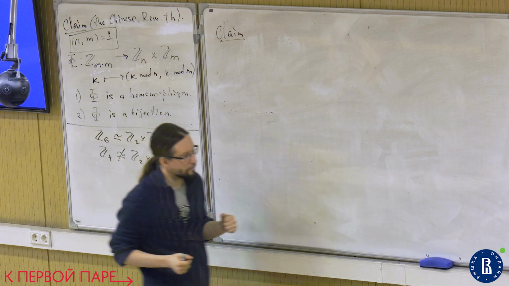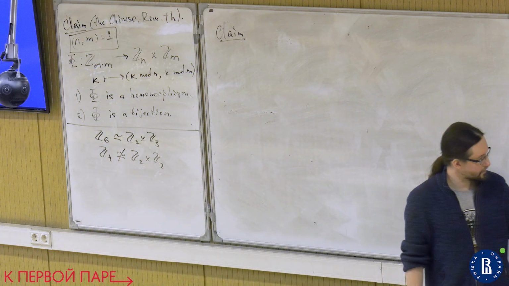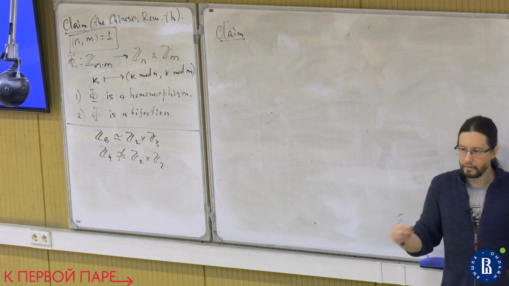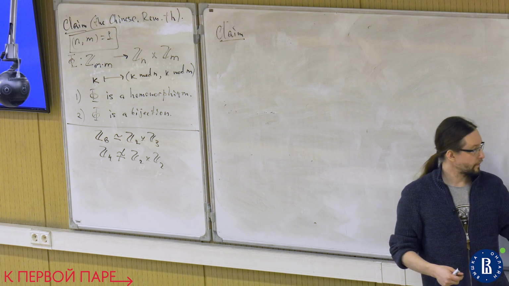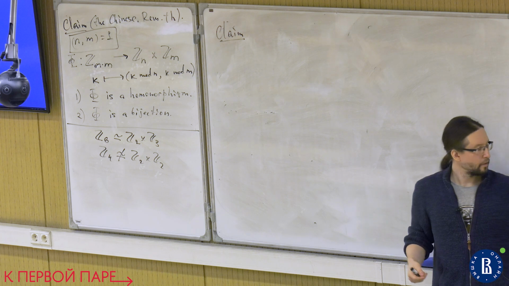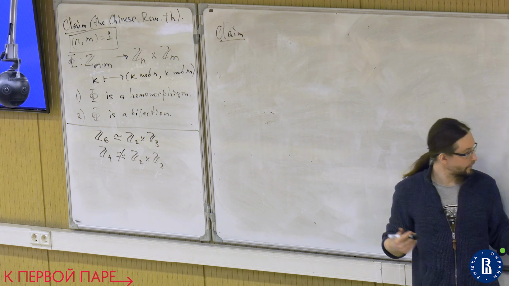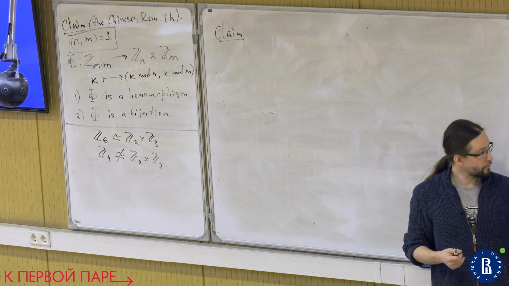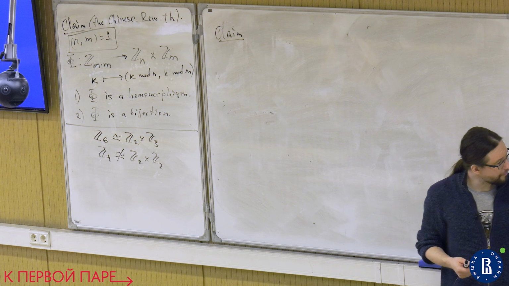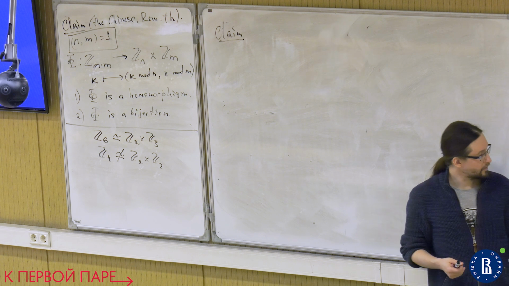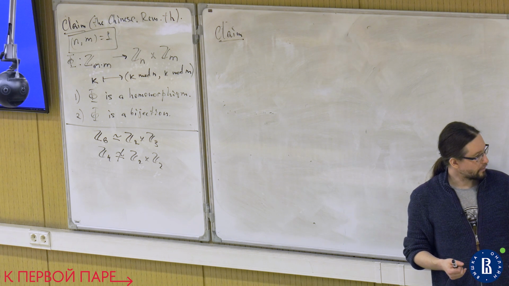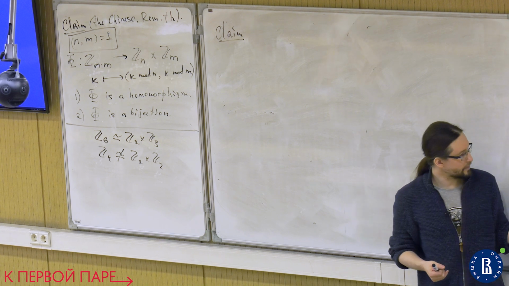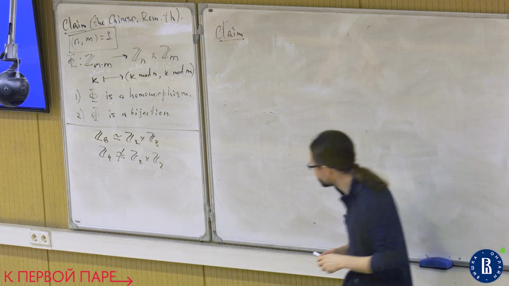The problem here, why this is not a classification, is that some of these groups will be isomorphic. But the list is complete in the sense that any given finite abelian group is isomorphic to one of these. So now I want to refine this representation so that we get a unique representation of this kind for any finite abelian group.